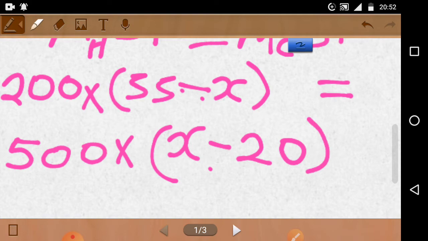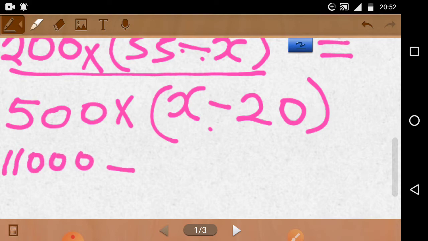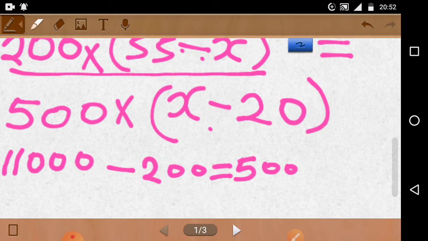Okay, now let us solve this one. 55 times 200 will give us 11,000 minus 200X, that will be equal to 500 times X, that will give us 500X, plus 500 times 20, that will give us 10,000.